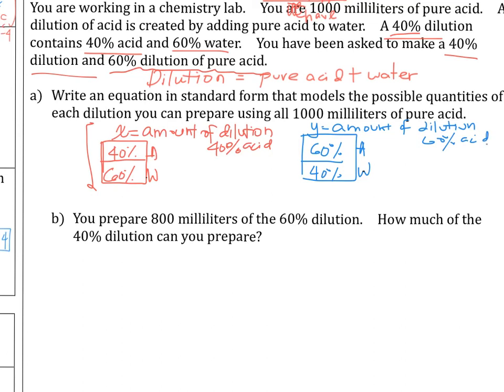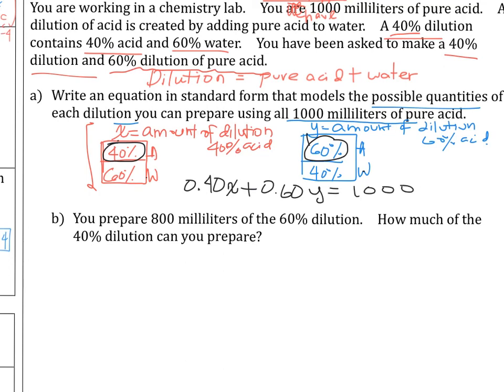So here goes part A. Write an equation in standard form that models the possible quantities of each dilution you can prepare if you are using all 1,000 milliliters of pure acid. So I can take 40% or 0.40, multiply it by x, and add it to 0.60 times y, and set that equal to 1,000.